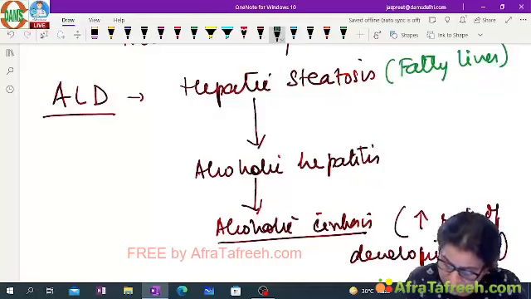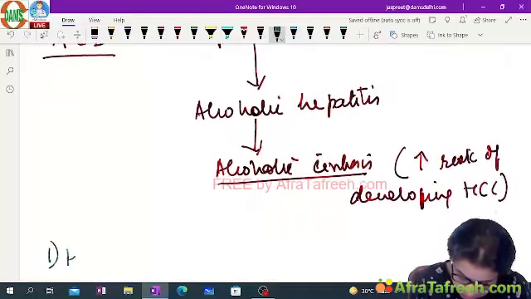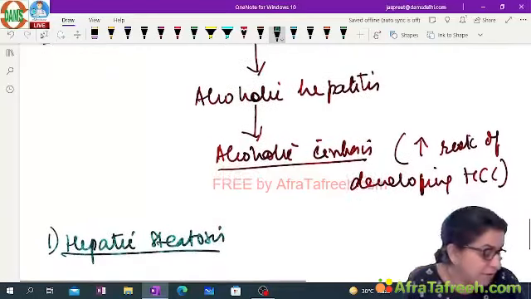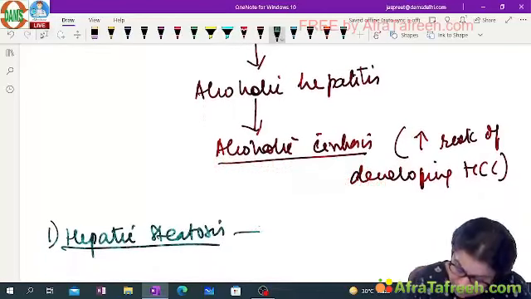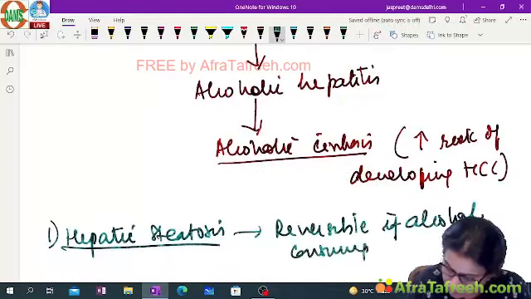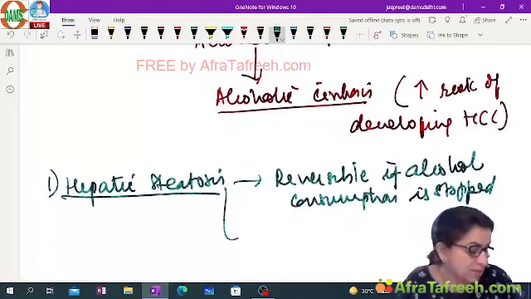Okay, now first step is hepatic steatosis, or what you call as fatty liver. Now this is reversible if alcohol consumption is stopped.